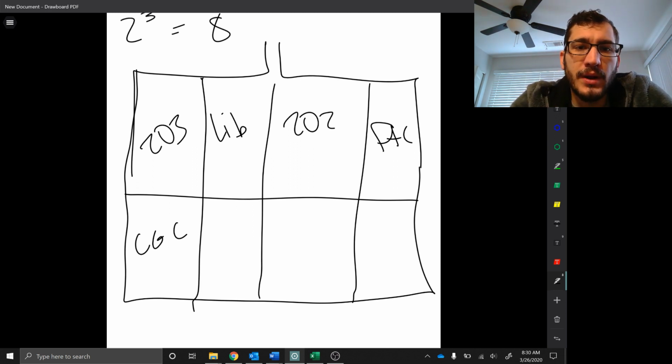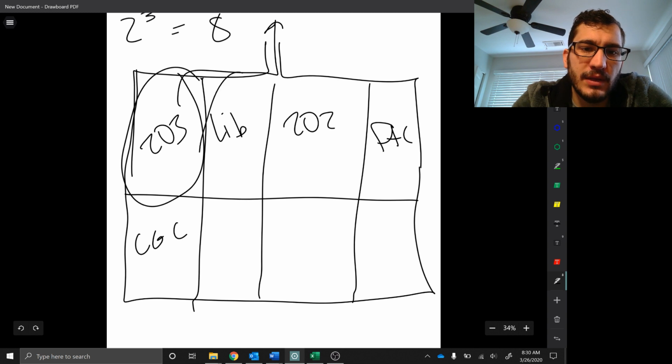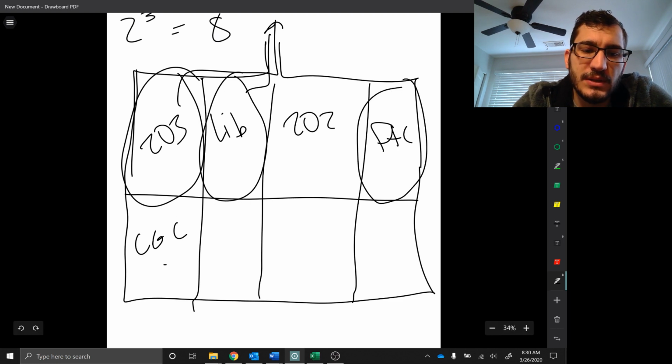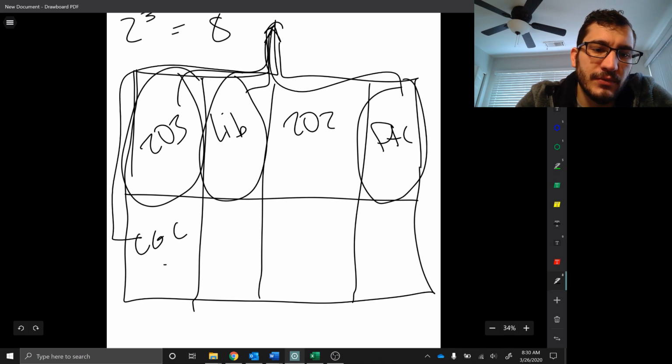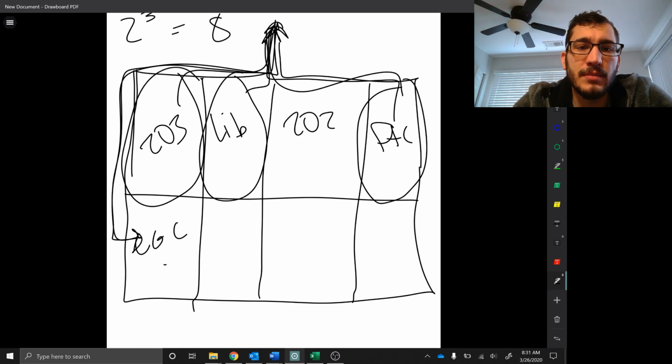We want them to be one network that everything in here can only talk to itself until it goes to the router. If someone in the FAC wants to talk to someone in the gaming club, they have to go to the router, and then the router has to route the information here, and then it has to come back to the router, and then back to FAC. So this is what subnetting does.